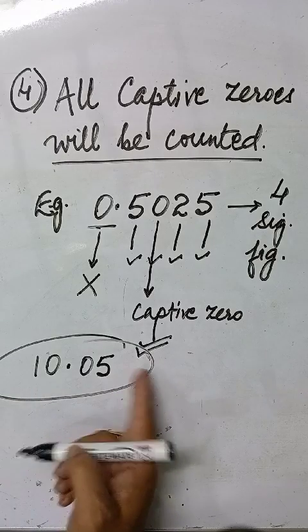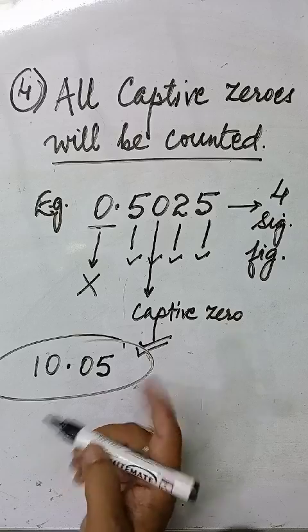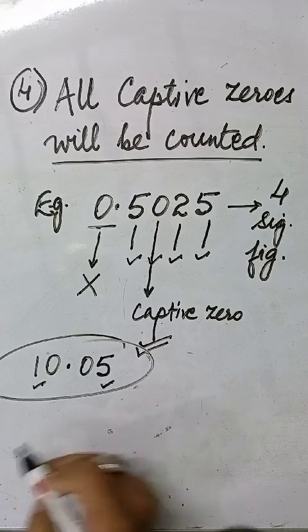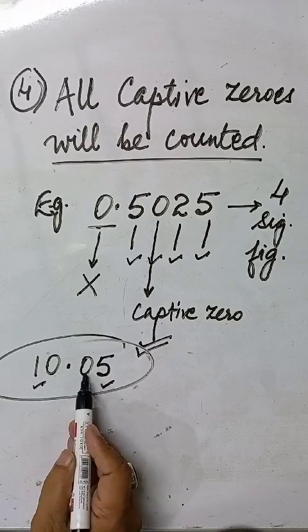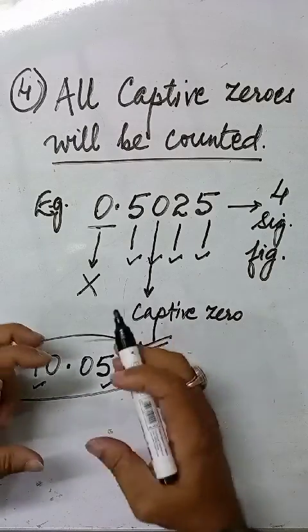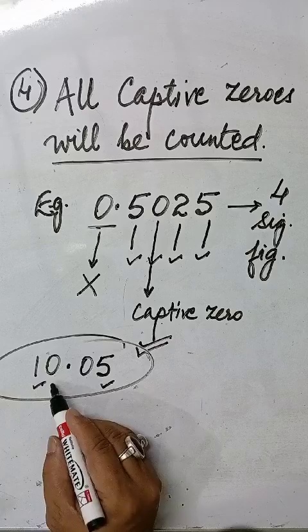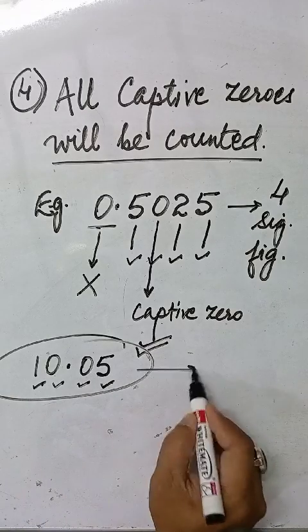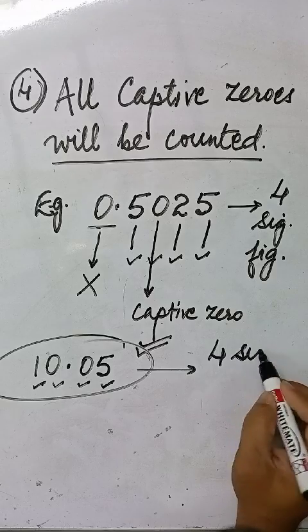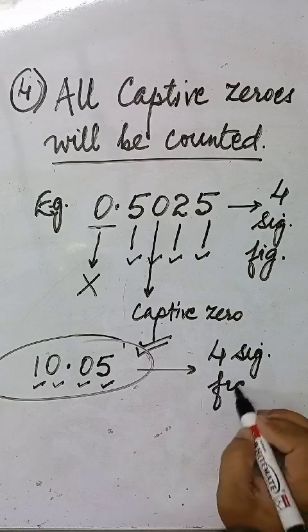No. Any trailing zeros? No. Non-zero digits? Yes, 1 and 5 are non-zero digits. What about captive zeros? Both these zeros are held in between these two non-zero digits, so they will always be counted. Therefore, 1, 2, 3, 4. This number has 4 significant figures.